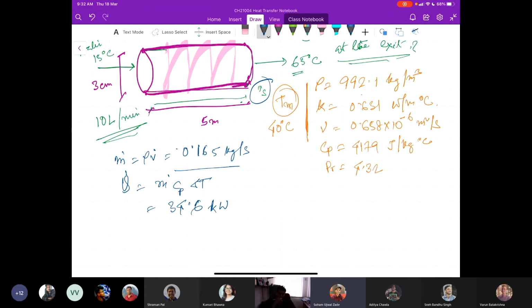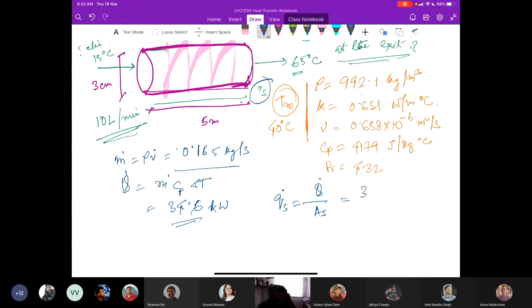Okay, so how do we find surface heat flux? If I write Q dot, this one that we have calculated, this is the heater power that should come per unit surface area. And what is As? Pi D into L, absolutely.